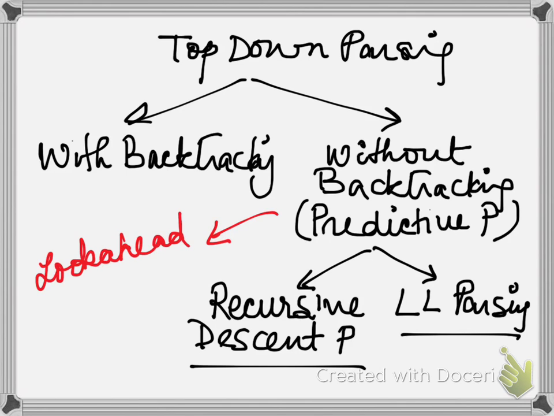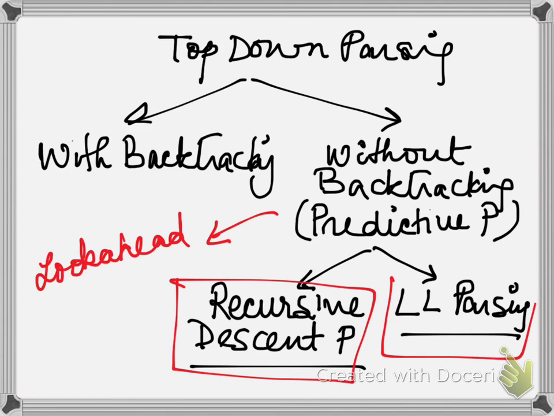How many lookahead symbols are used can differ. But remember, one uses recursion, and the other does not. It uses a table whereby you look at the parsing table and the input symbol, and then decide which production is to be applied. So that is top-down parsing in brief. In the next video, we'll discuss recursive descent parsing.